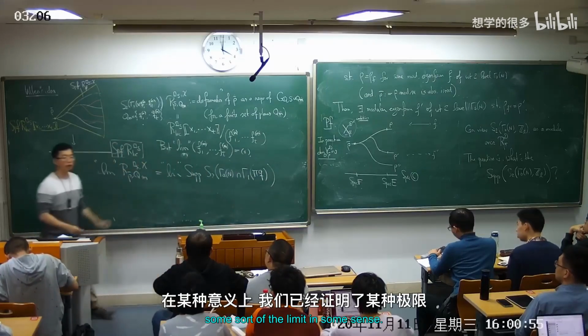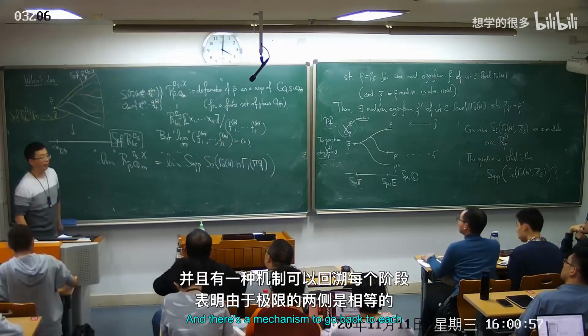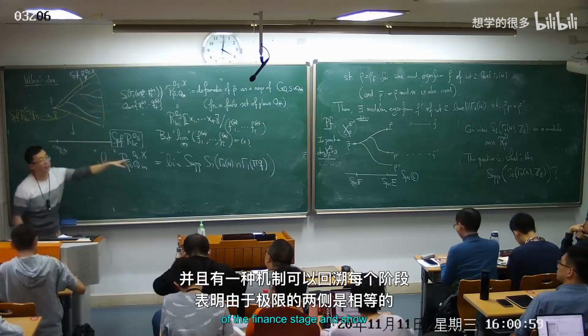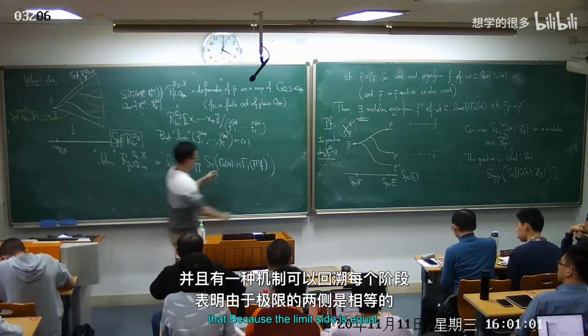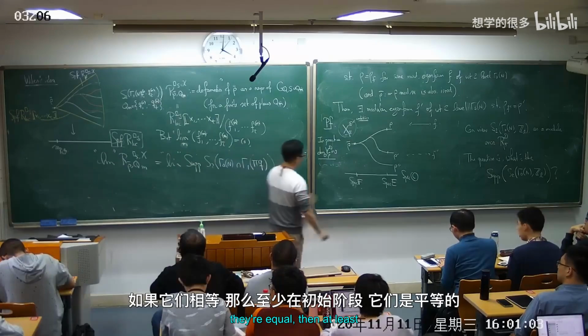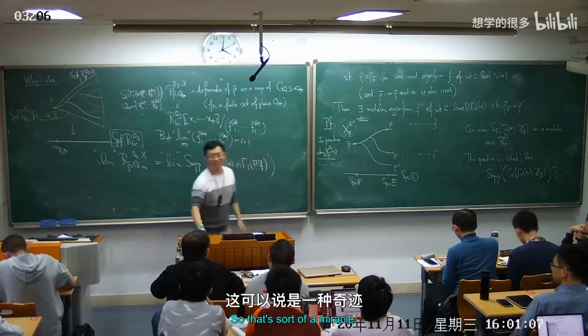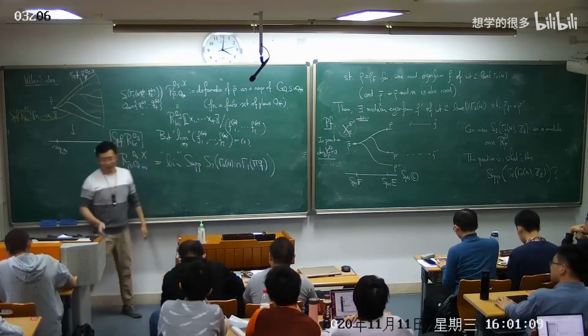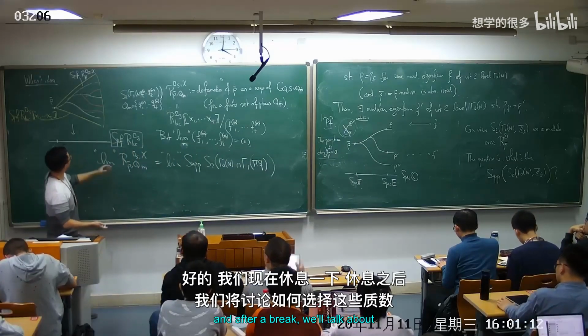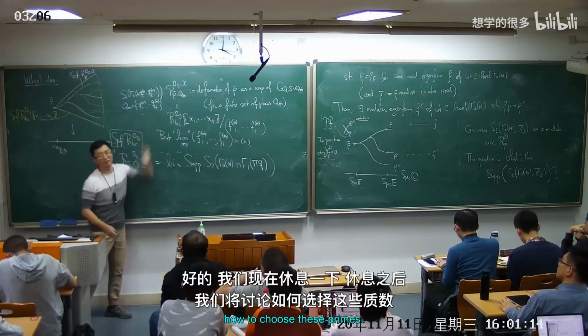We prove some sort of equality of the limits in some sense. And there's a mechanism to go back to each of the finite stages and show that because the limit sides are equal, then at each of the initial stages, they're equal. So that's sort of a miracle. Okay, we'll take a break now, and after the break, we'll talk about how to choose these primes.